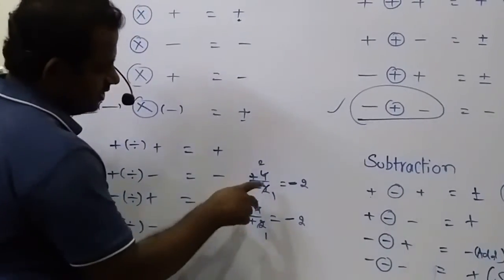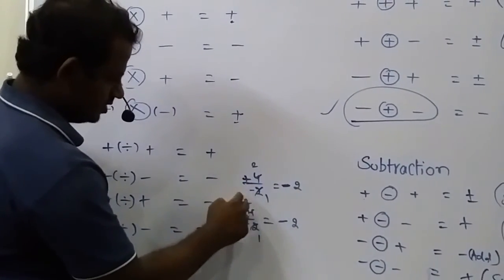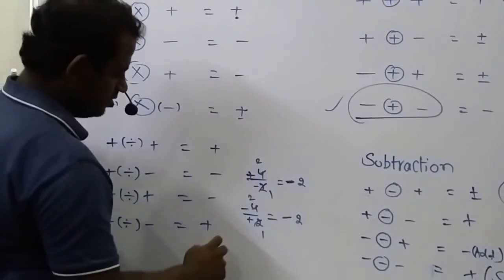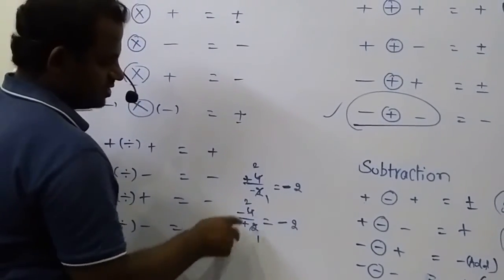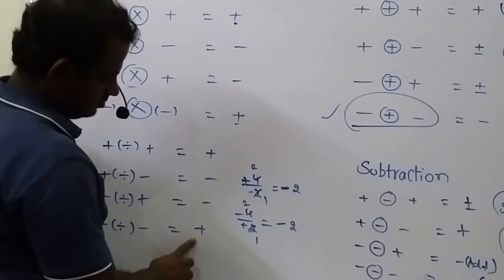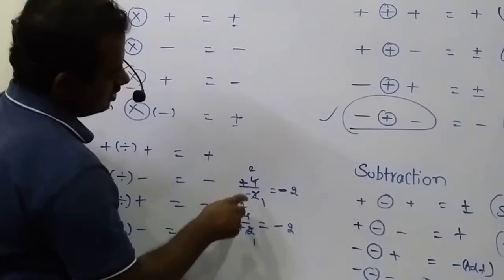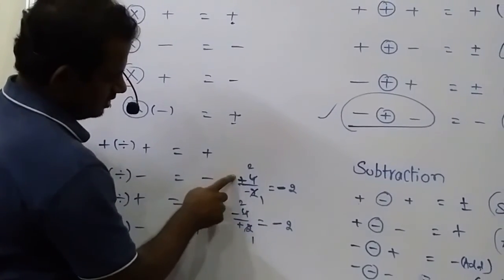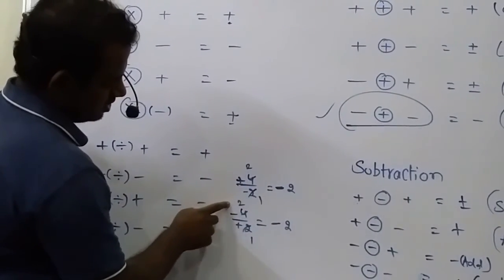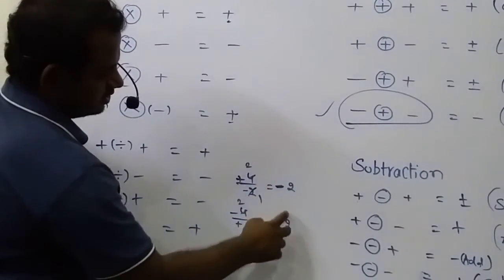If the two numbers have the same sign, either positive, then we will get a positive result. If both have the same sign, minus by minus, then also we will get a plus result. Only if either number is negative, plus divided by minus or minus divided by plus, in these two cases we will get a minus before the final result.